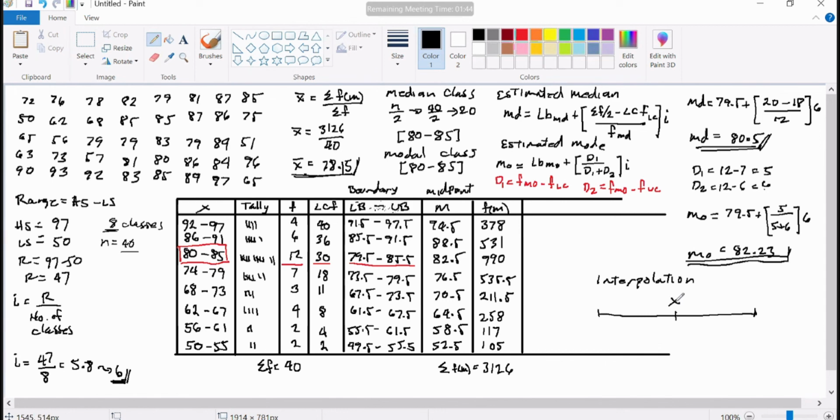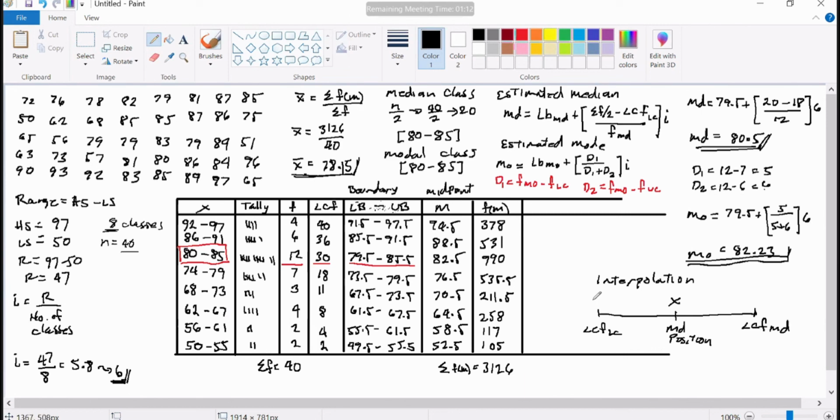So here will be the X, and let's say you are solving for the median. This is the median position. This value over here will be our less than cumulative frequency of the lower class from the median. This one is the less than cumulative frequency of the median.